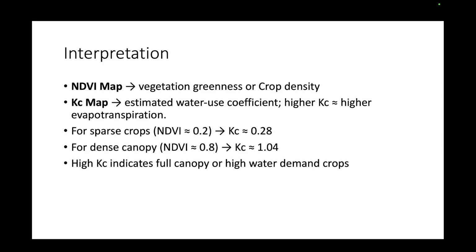Just the opposite for the dense canopy. Suppose I have a good density of crop plants. Here I find a high NDVI value, say 0.8.